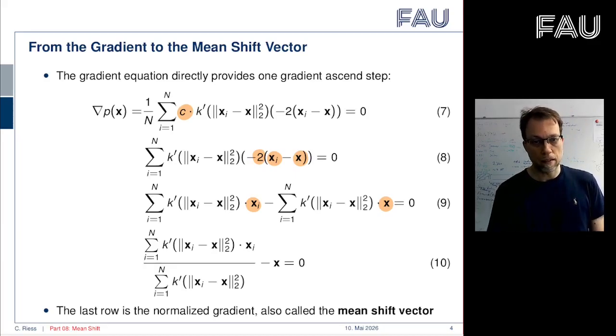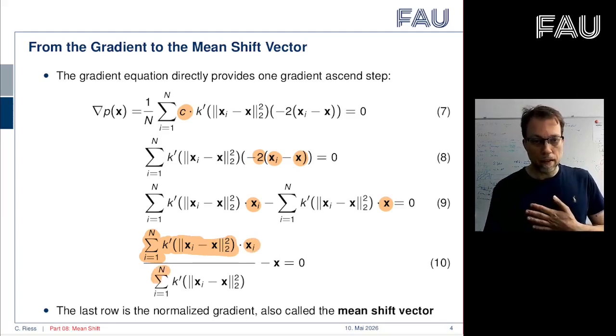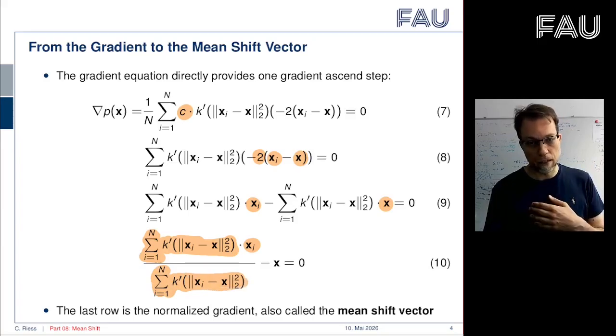So this gives us an expression where we go over all samples 1 to n, we take the derivative of the kernel with our squared Euclidean distance as input multiplied by observation xi and divided by these derivatives of the kernel calculated for all samples, minus x, so the location where we evaluated, equals 0.